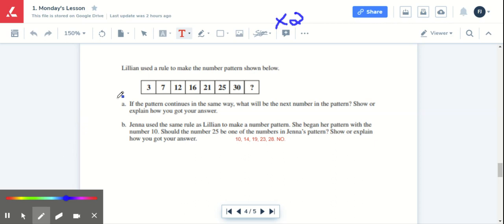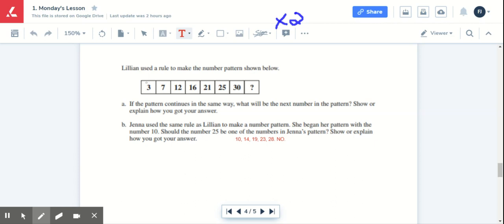Are our numbers increasing or decreasing in this number pattern? That's right, they're increasing. So we know that we're going to be using what operations? Yep, addition or multiplication. Now, adding is always easier, so let's try that first.